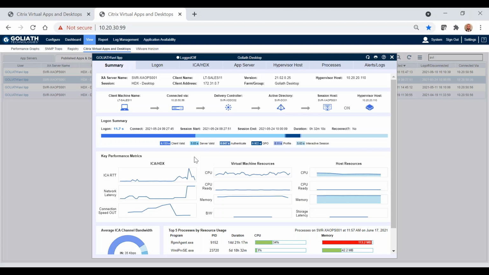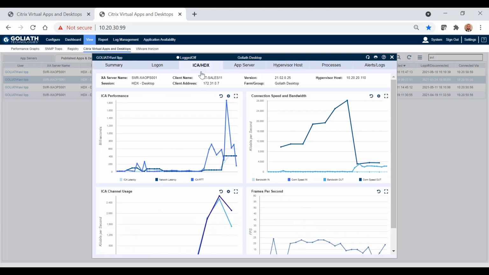And how we were able to prove that user behavior was the root cause from here was looking at a couple of different areas. I'm going to start off with the two network portions of it, where for one, there's insufficient network bandwidth allocated to the Citrix users when these engineers were accessing graphically intensive applications. And where they were able to find that was on the ICA and HDX tab.